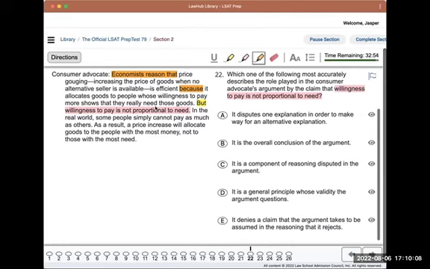So when we respond to an argument, sometimes we might be responding to an interpretation or an assumption that we're making, thinking that that's what they've said. And so we've got to be careful about that and just recognize that the economists didn't necessarily say there's proportionality just because paying more means you really need those goods.